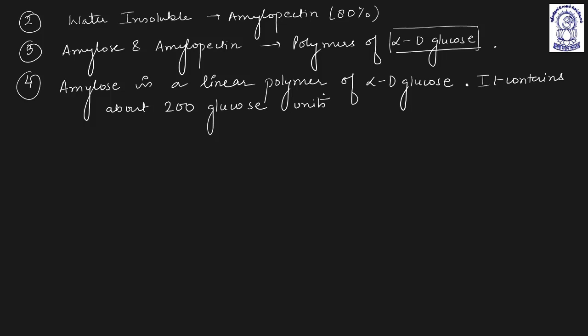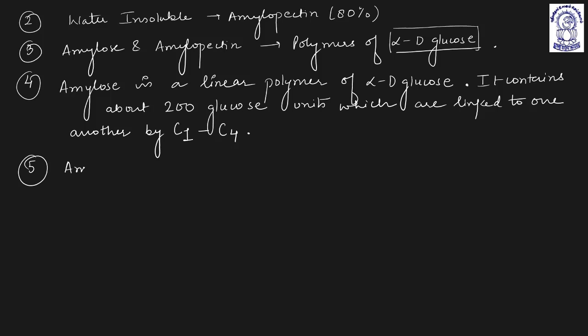Glucose units are linked to one another by C1 of one glucose to C4 of another glucose. Means the glycosidic linkage is between C1 and C4.